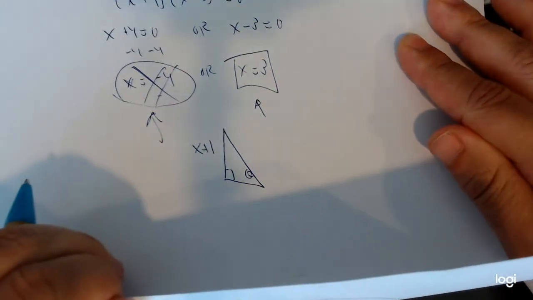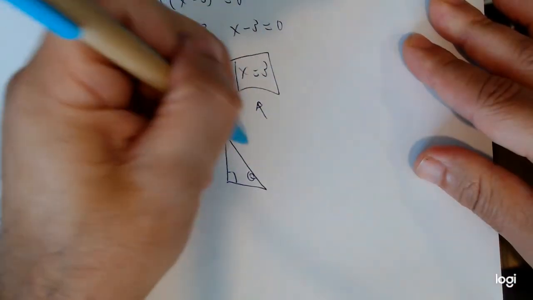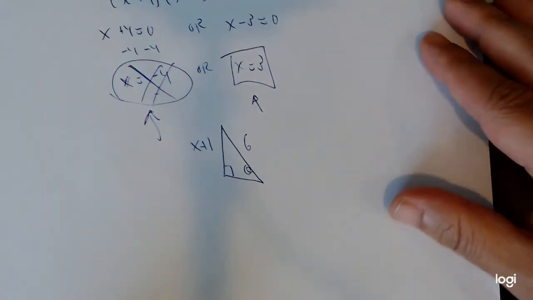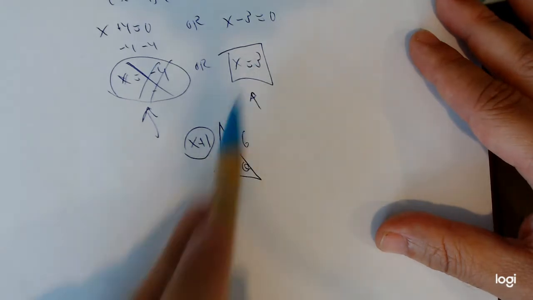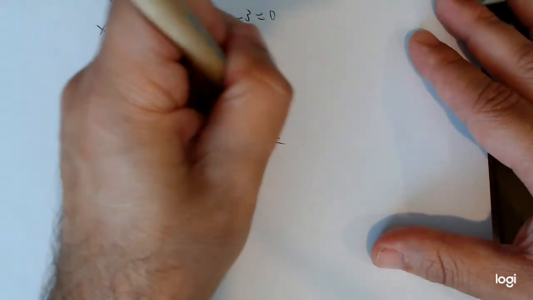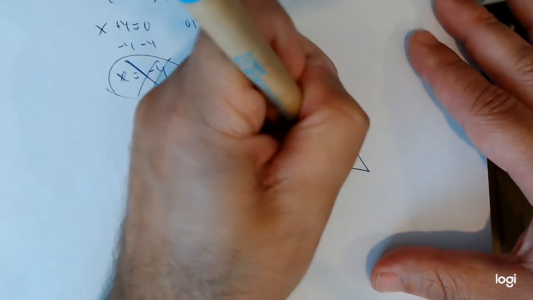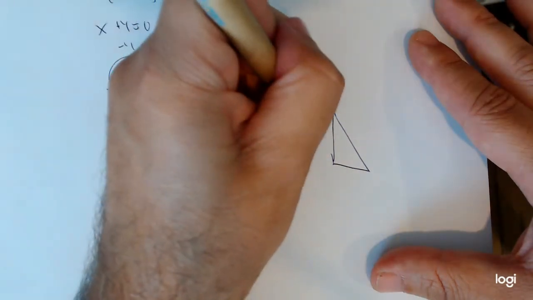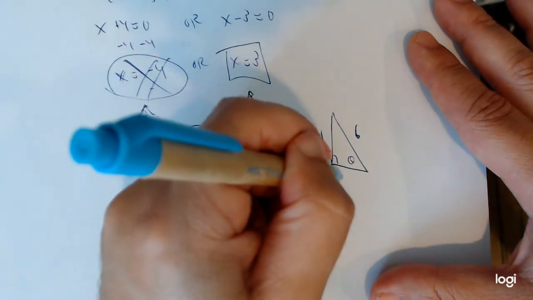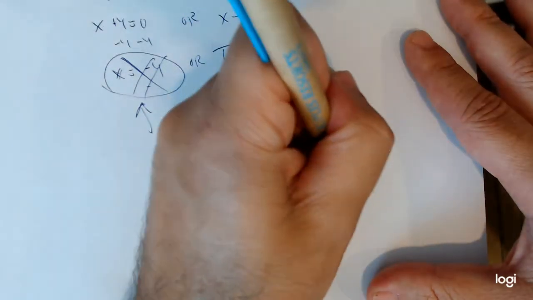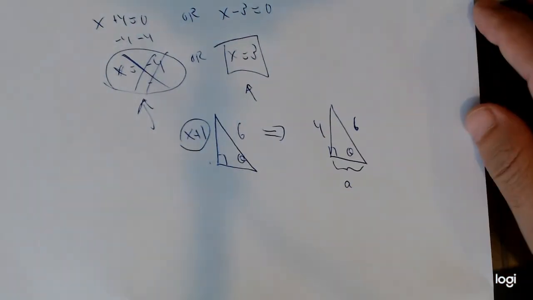And then what else did we have? This was 6. Okay, so now I know what x is, so I have this side, which, if x is 3, so this now, let me redraw this. It becomes what? If this is 3, this becomes 4, 6, and then we just need to find this side, which let's call this a for now, which we could find that side, can't we?